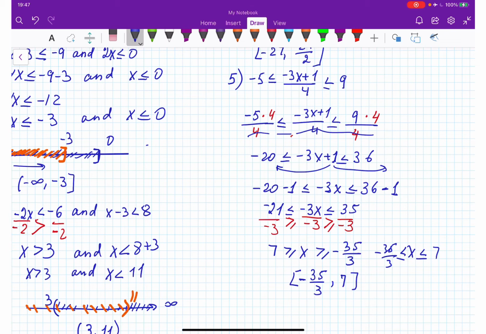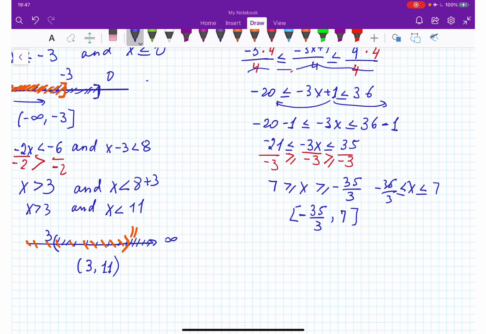Moving to the next question. This is the solution of this type of compound inequality, it's an inequality with and. Okay, number 6.